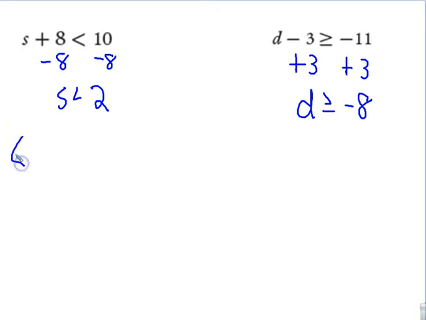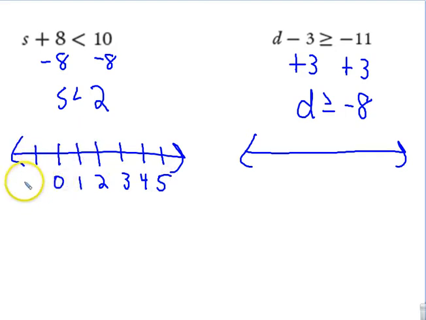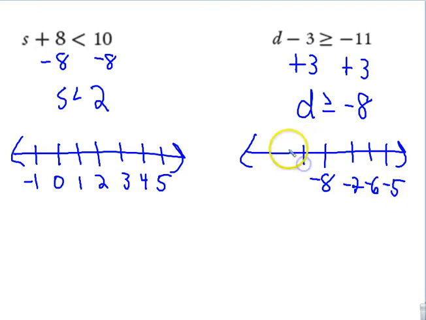So what we're going to do is draw a number line. I'm going to put this in the middle, and then put a few numbers on either side. Okay, so I'm going to put -8 in the middle, -7, -6, -5, negative 10, negative 11.